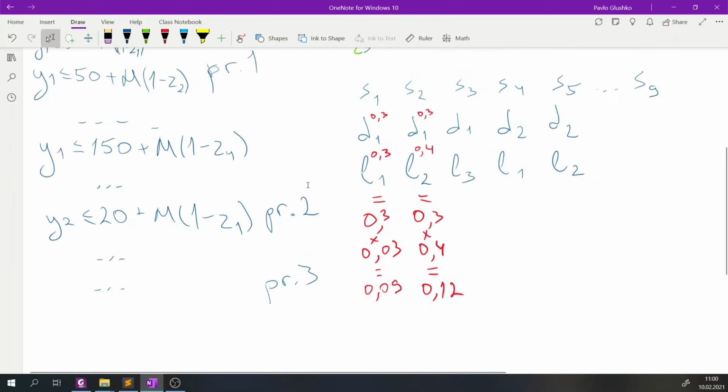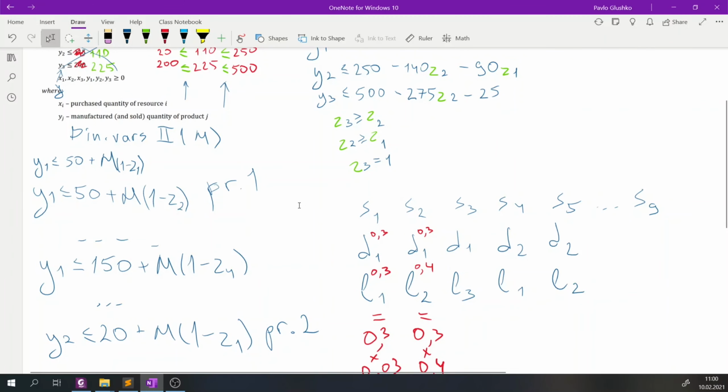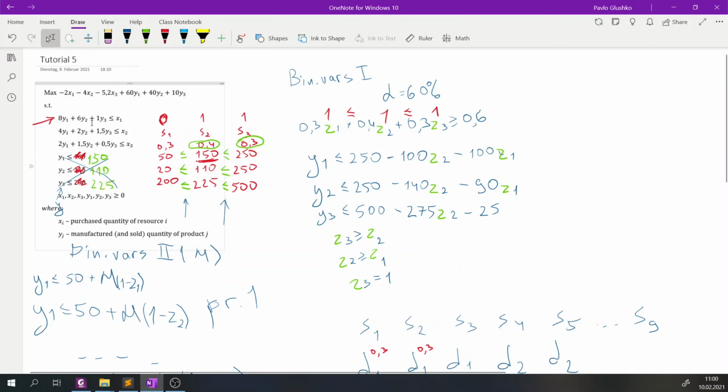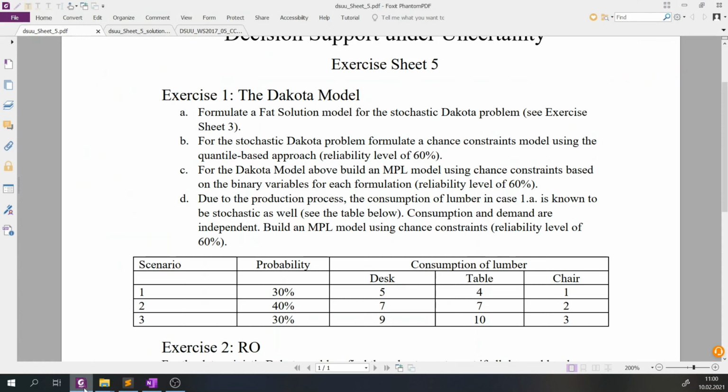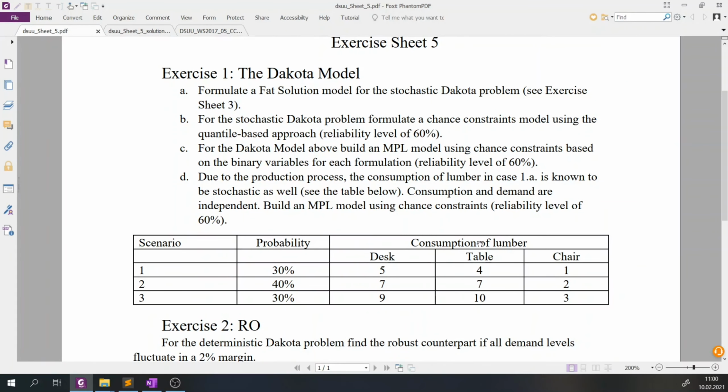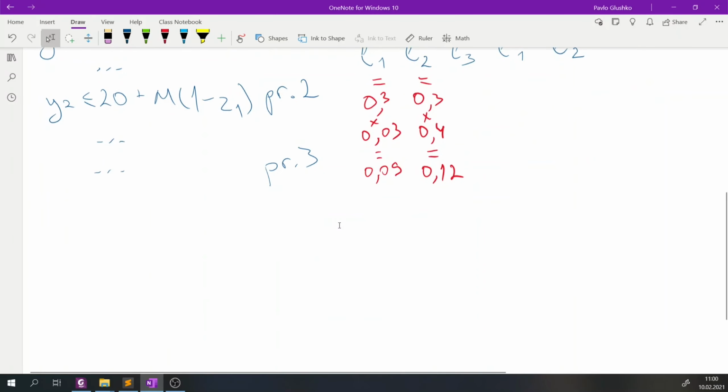But we also have, finally, the lumber production constraints, which should also be adapted. In scenario 1, we have the lumber production from lumber scenario 1. These coefficients in scenario 1 of lumber are 5, 4, 1. So I would write down here 5, 4, 1.